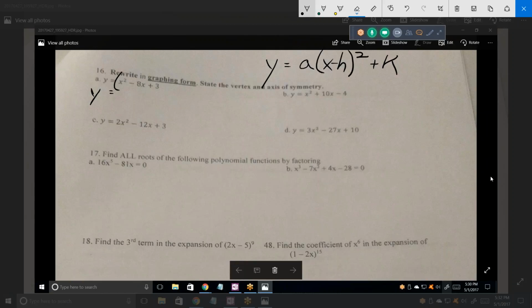Here, let me rewrite it: x squared minus 8x, and I'm going to leave room to complete the square and put my plus 3 there. So at this point, I have not changed it. And that's the key on all of these kinds of problems: make sure when you go from step to step, you do not change anything. So what's the complete the square process involved?